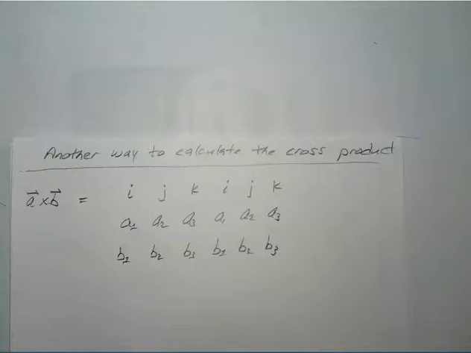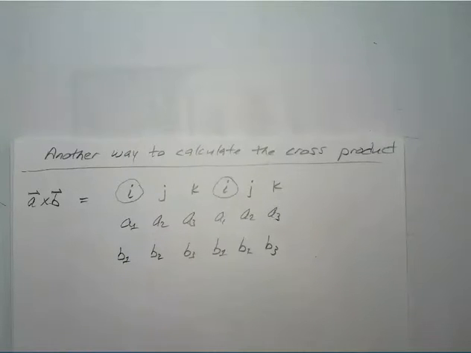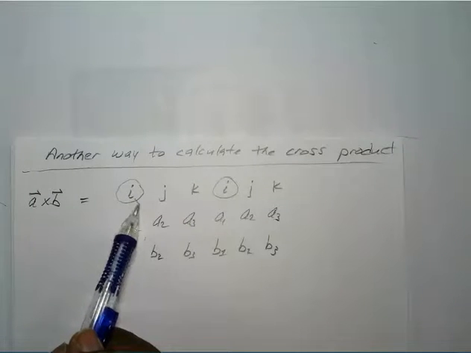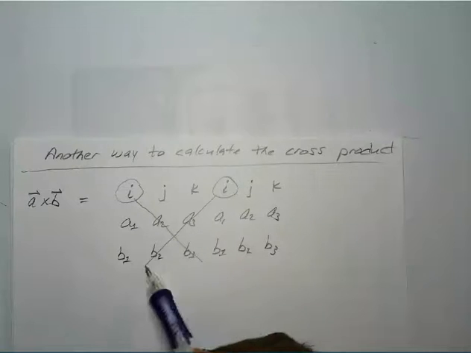All right, so we're going to circle our I. Now at this I, we're going to go down and to the right for our first I. For our second I, we're going to go down and to the left.